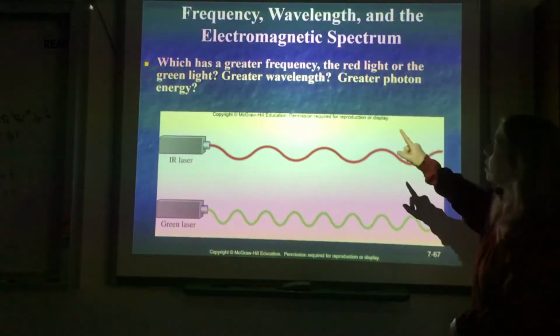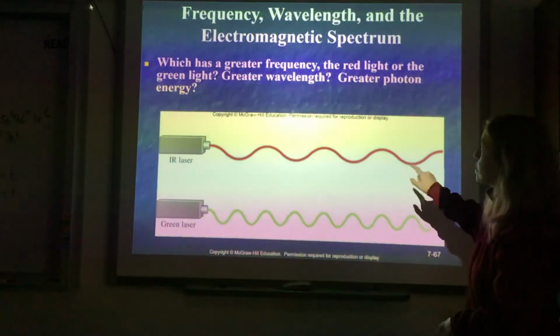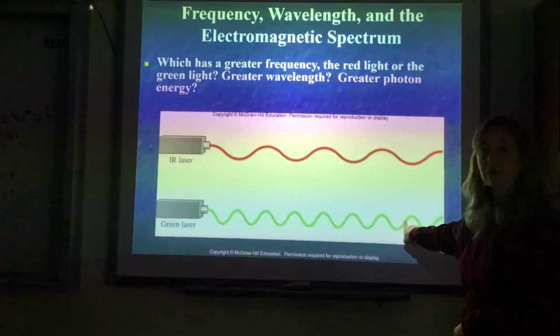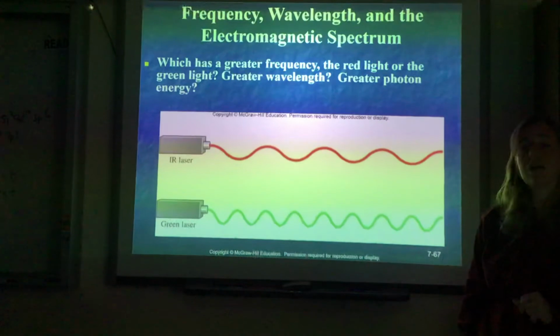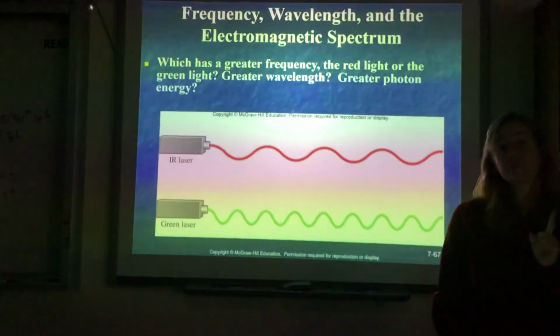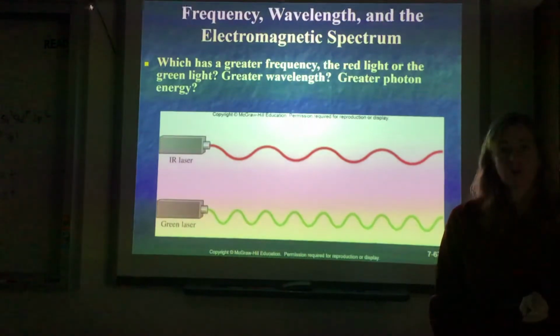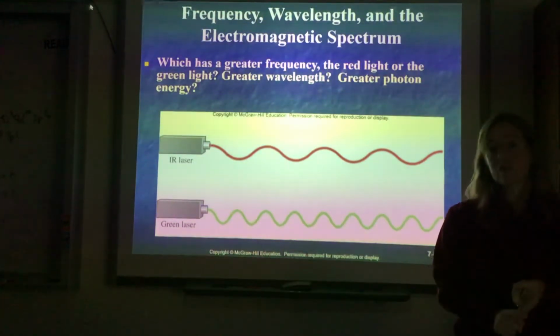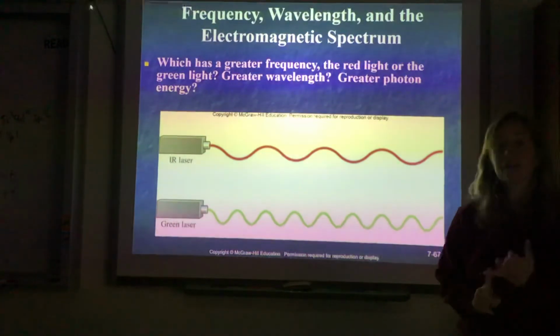The greater wavelength is going to be red light. The greater energy is going to be green light. Because remember, frequency and energy are directly related. So if the frequency is greater, the energy is greater. So green light has a greater frequency and a greater energy, and red light has a longer wavelength.